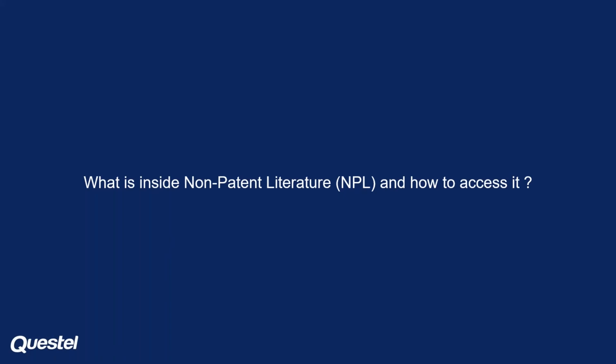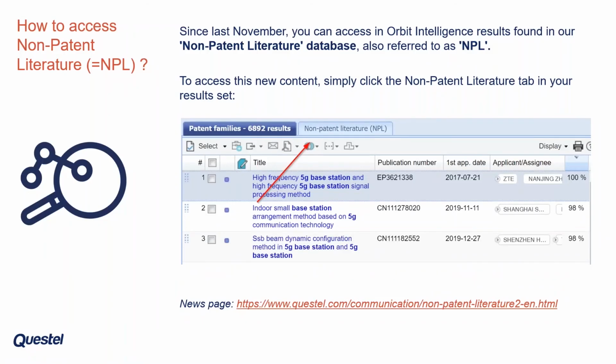Finally, we get to the third and last point of this session: what is inside non-patent literature, NPL, and how to access it. You need to know that NPL is a recent addition in Orbit Intelligence. You can access results found in our non-patent literature database.